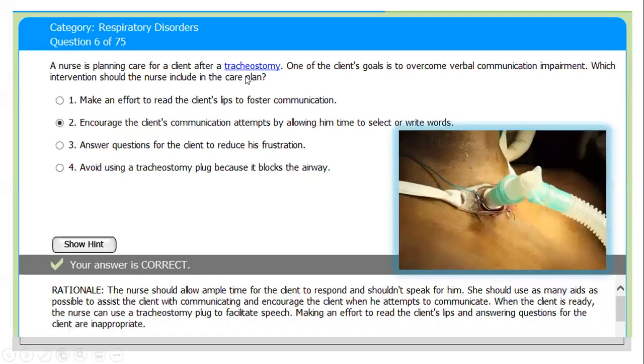So the correct answer is number 2. Encourage the client's communication attempts by allowing him time to select or write words.